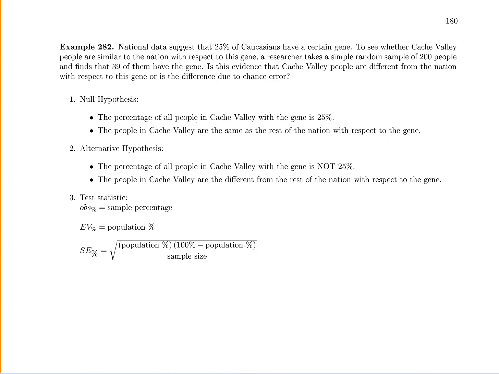So let's write down a couple things that they told us, like my sample size equals 200. Now notice it didn't actually tell me sample percentage, but it said 39 out of the 200 people. So let's actually calculate our sample percentage.